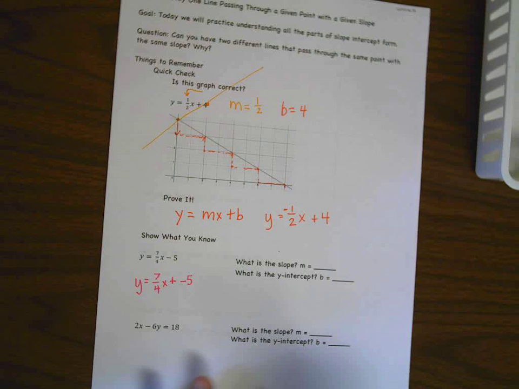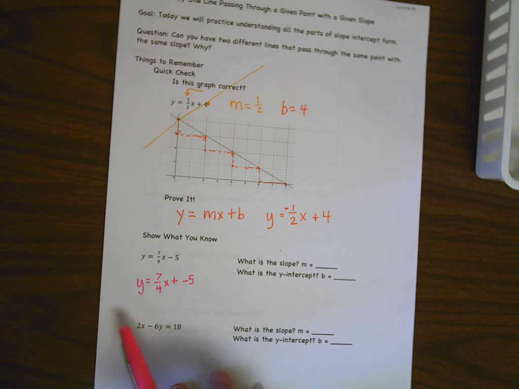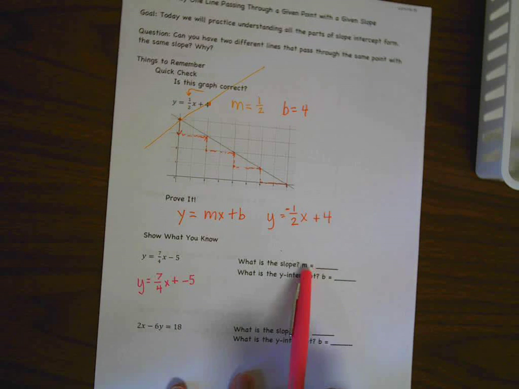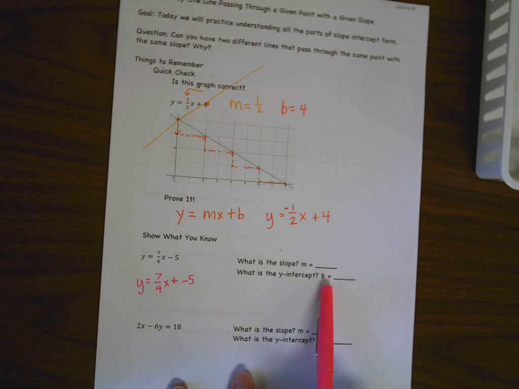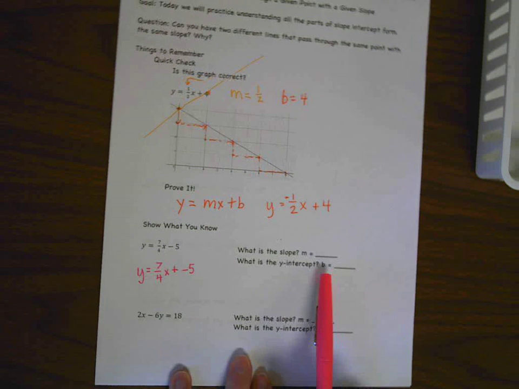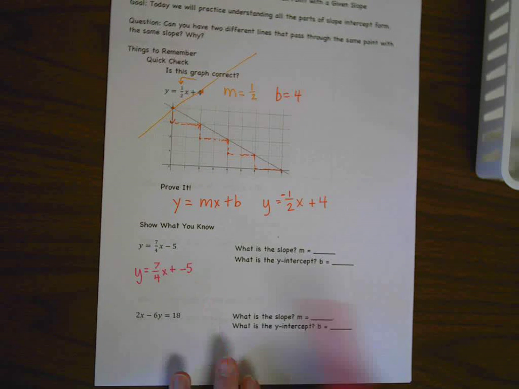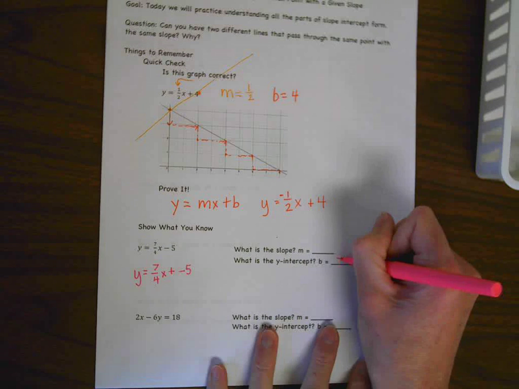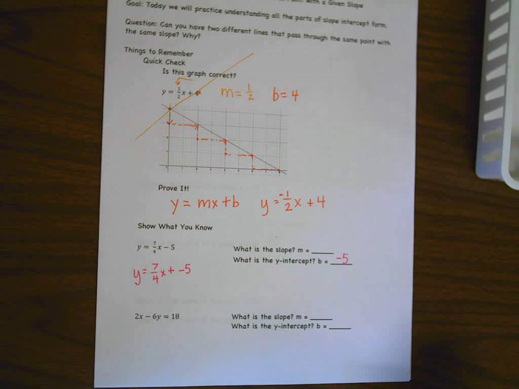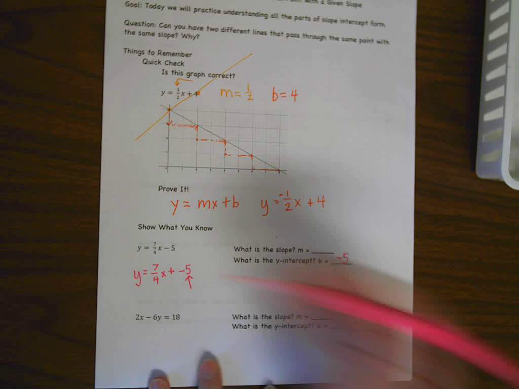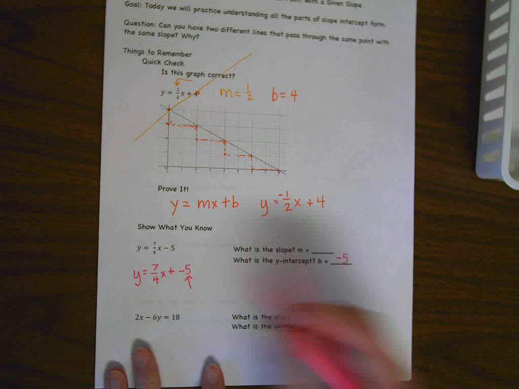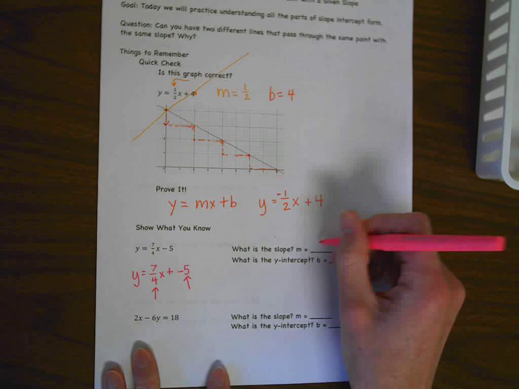Now we can identify the m and the b so that we can figure out what this line looks like. I always start with the b. The b for this problem is negative 5, because it's sitting right there. The m for this equation is 7/4.